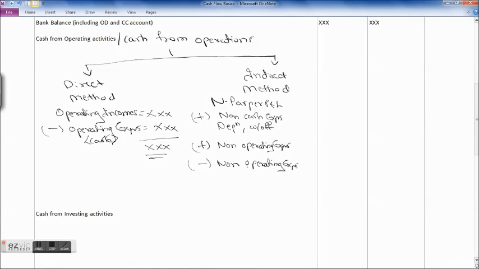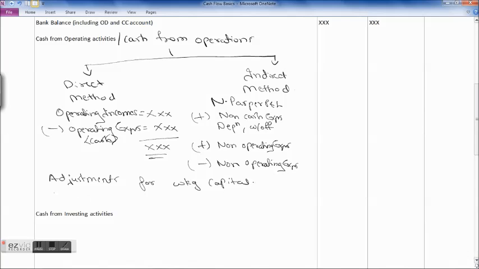Once you do that, you have to make an adjustment for your working capital, that is your current assets and current liabilities.